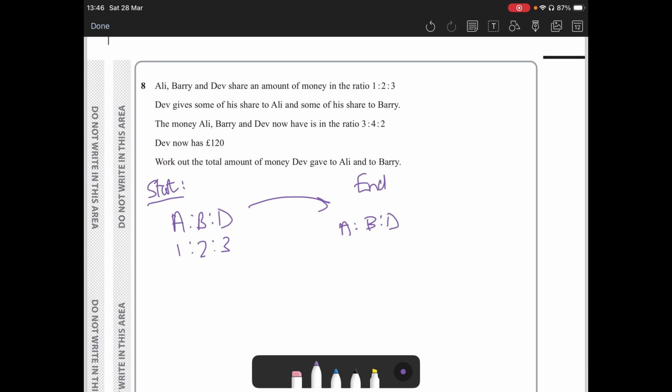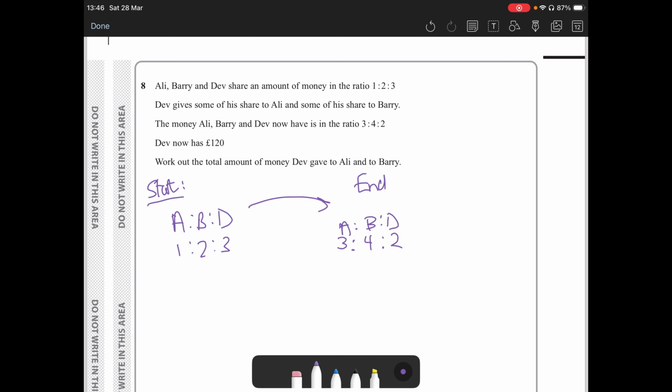So Dev loses part of his money or his share, and he gives it to Ali. Barry stays the same though, which is interesting. So that's going to be something I'll come back to later. But we've got 3, 4, and 2.